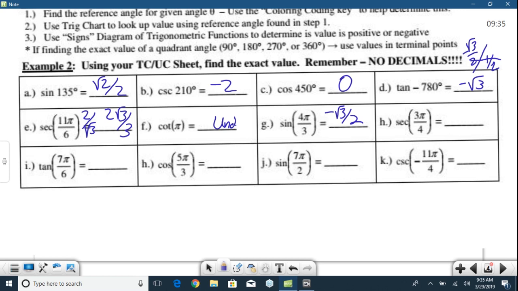Secant of 3 pi over 4. That should be 135 degrees. So what's your x coordinate there? Because secant is the flip of cosine, right? Negative radical 2 over 2. So I'm going to flip that.